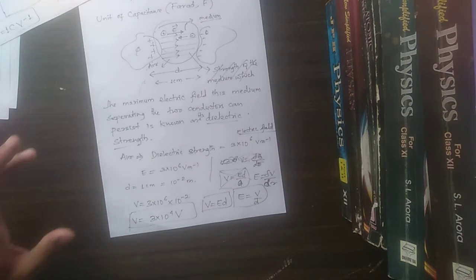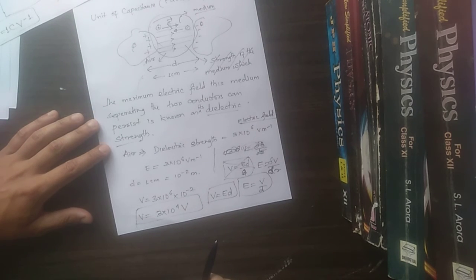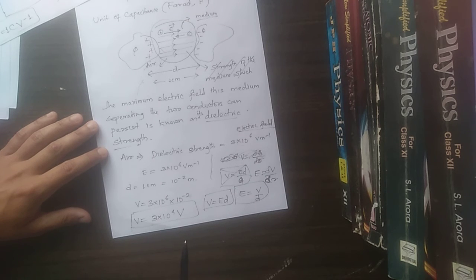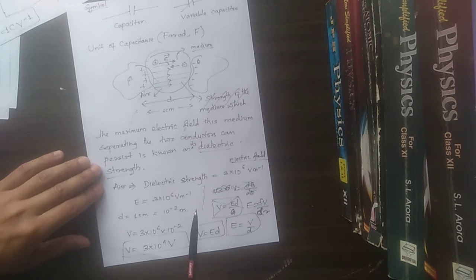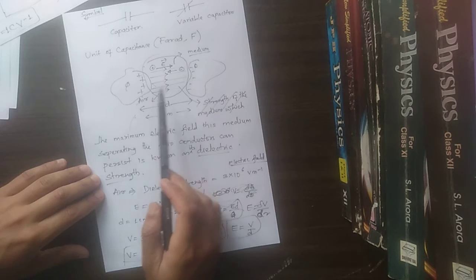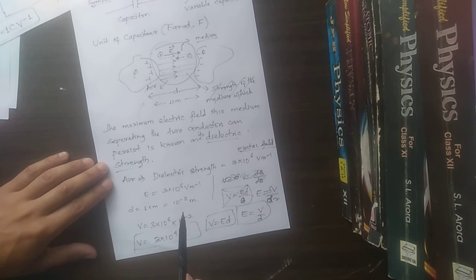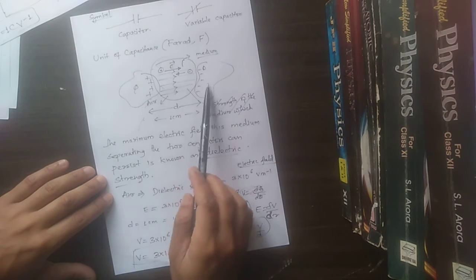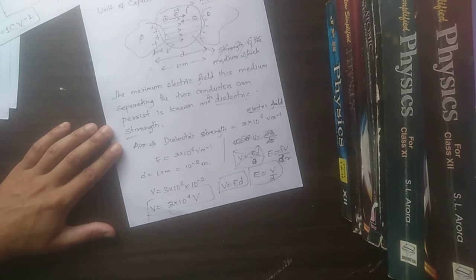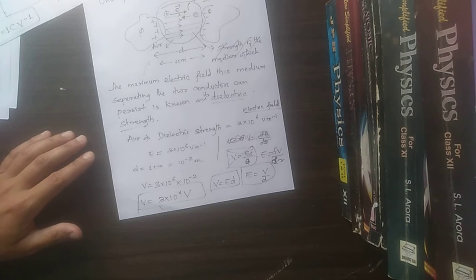Okay, that means for air to act as a medium separating two conductors in a capacitor, the potential difference between the conductors must be less than this value, 3 into 10 to the power 4 volt.